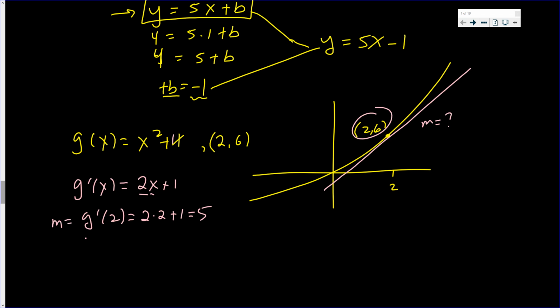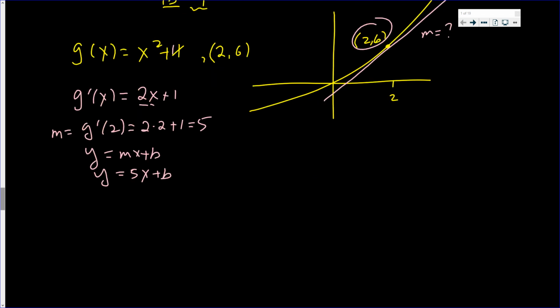Okay, so y equals mx plus b. Y equals 5x plus b. Now we need to find out what b is. So I'll use the other piece of information. The point, 2, 6. When y is 6, x is 2.